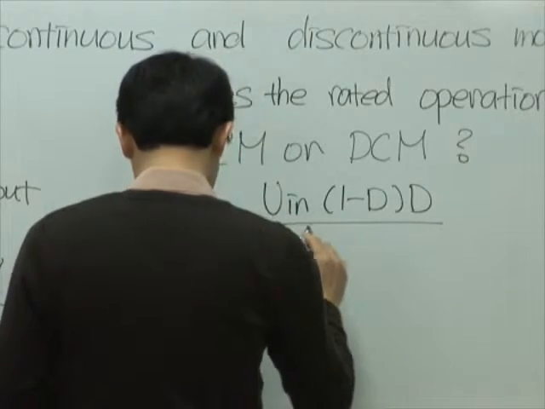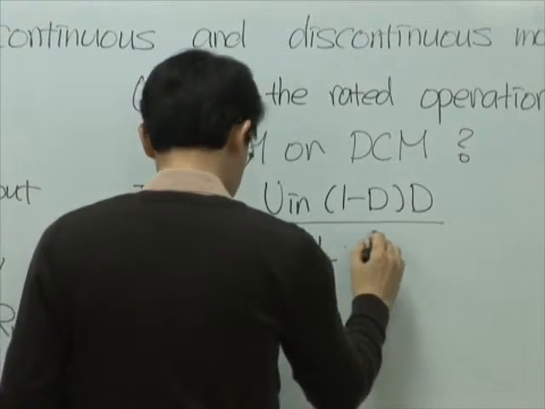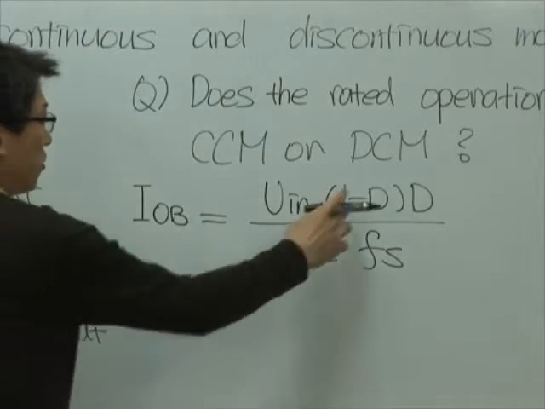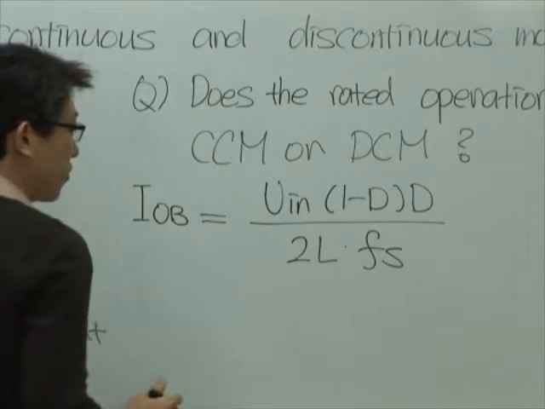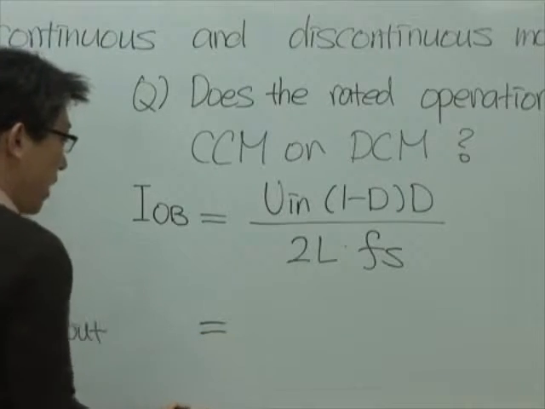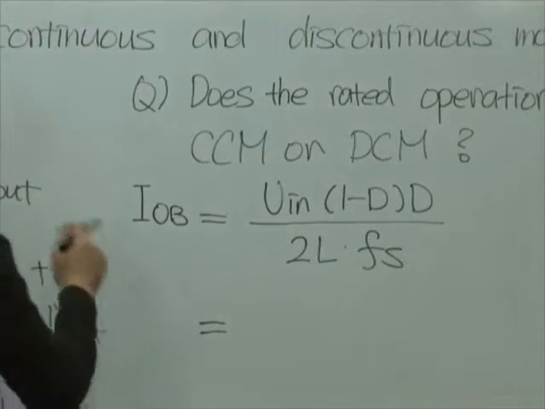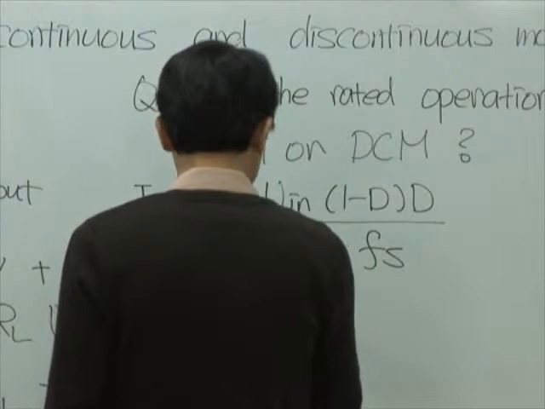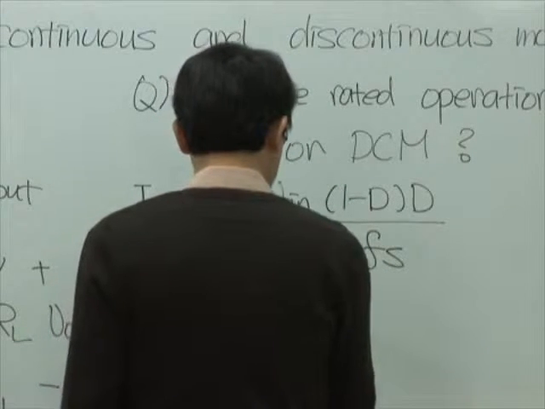So what is the IOB? If I repeat the formula once again, it is like this. Input voltage and duty and inductance and switching frequency. So if I plug in these values into this, 2500.